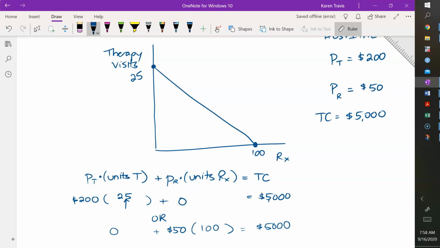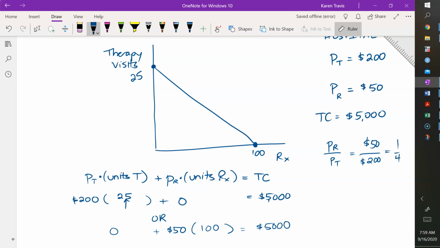So the ISA cost is the linear combination of all the purchases that would be possible with this set of prices. So you'll notice that if I look at the price ratio, if I take the ratio of prescription price to therapy price, $50 over $200, it's a 1-to-4 ratio.